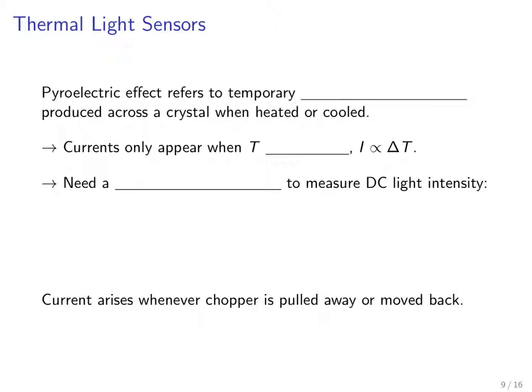So this effect refers to temporary voltages that are produced across a given crystal of a certain material when it's heated or cooled. And that means that electric currents only appear on the crystal when its temperature changes, and those currents are proportional to the size of the change in temperature.